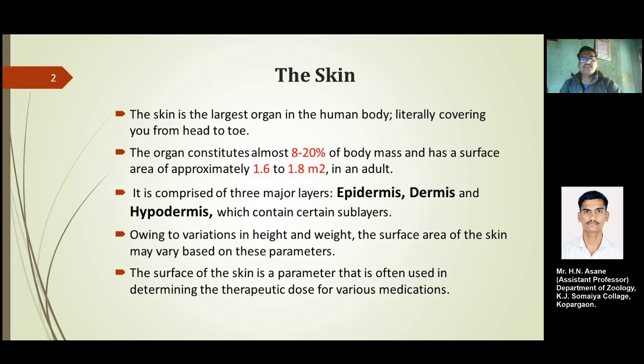It comprises three major layers, which we will study in detail: the epidermis will be the first layer, then the dermis, and then the hypodermis will be the innermost layer of this organ known as the skin. These contain certain sublayers, and we will study them one by one.